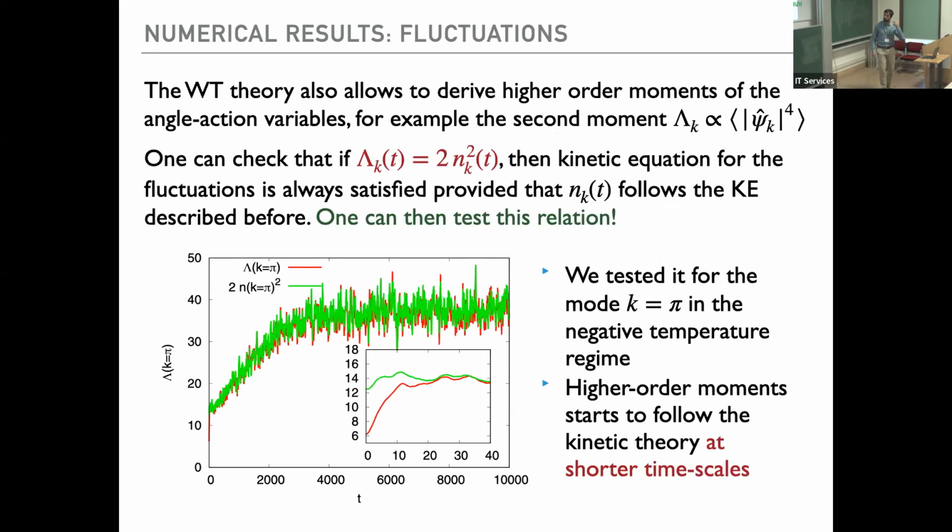I don't want to spend too much time on that, but we can also try to look at how quickly the fluctuations approach some kinetic equations that can be written for the fluctuations.